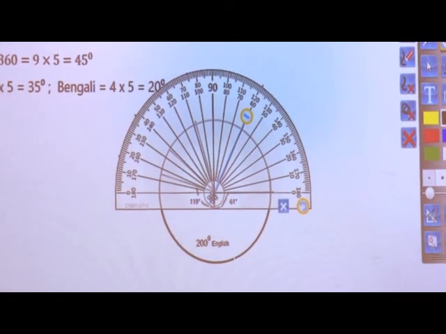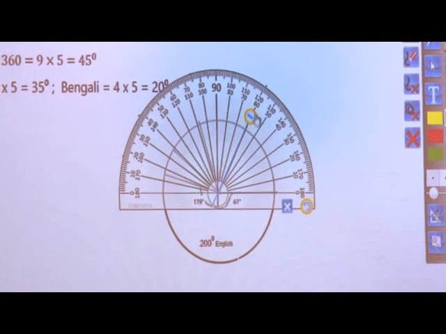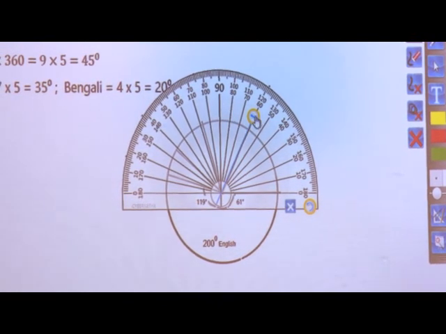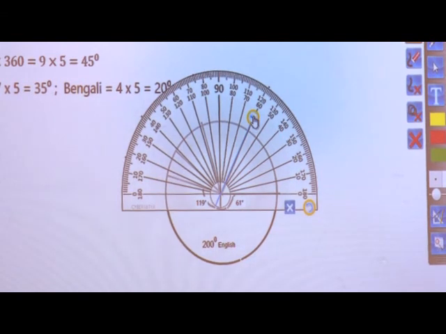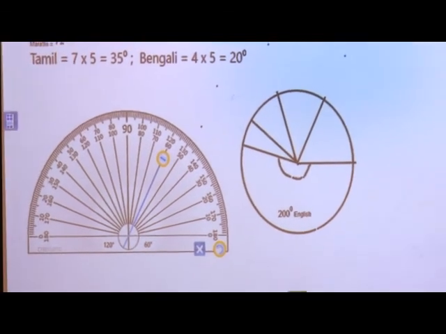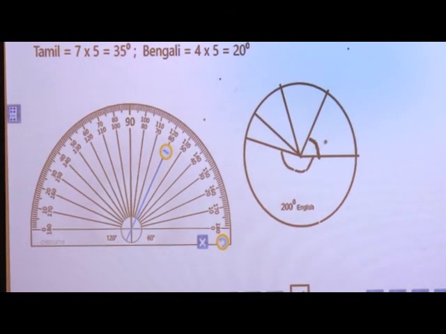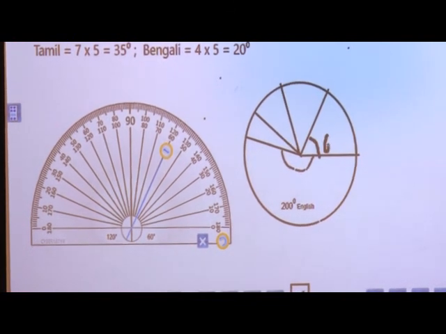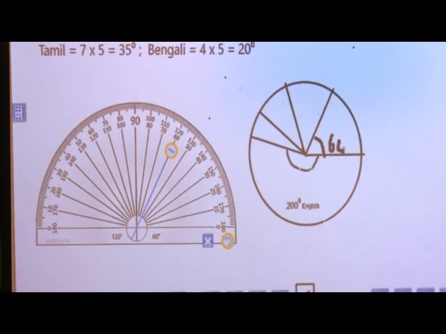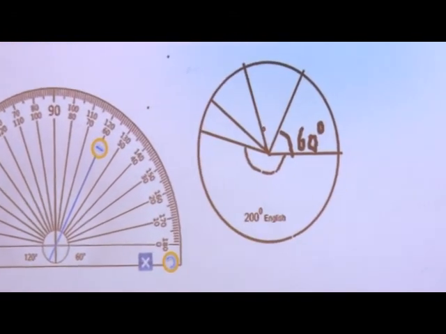Now, here the radius is with 0 degrees, and you can see the angle indicator is on 60 degrees, and this 60 degrees I have drawn a line here. So, this 60 degrees, it is English. Now, let us go to the next angle.